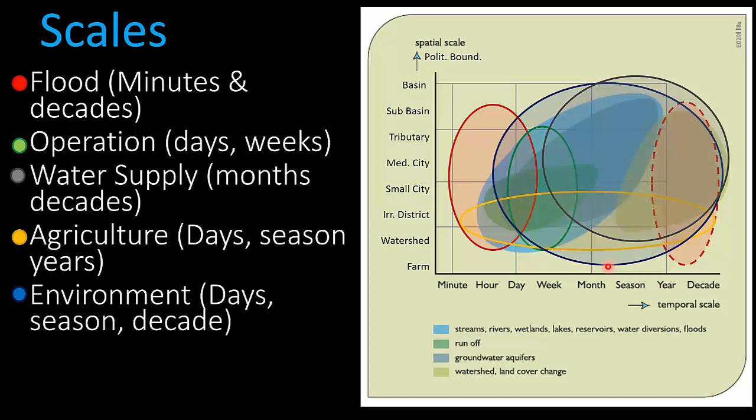Environment and water for ecosystems. Something that I think has been a problem is that we have defined the environment as water quality parameters, but no, when I'm talking about environment, it is the ecosystems, what lives in the river and along the river.